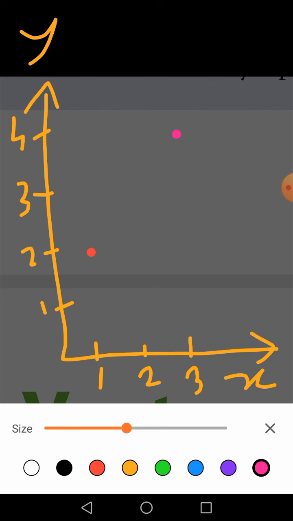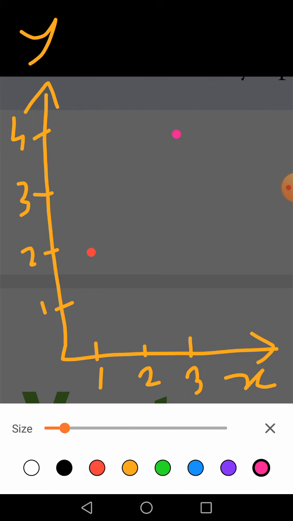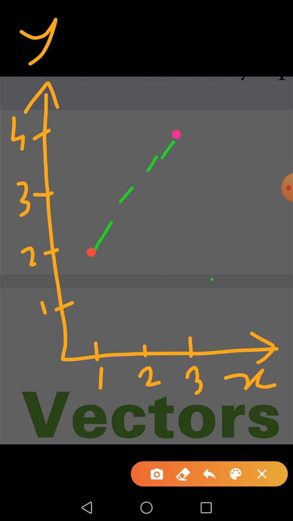Okay, now tell me, if you want to move from here to here, how many steps do you need to take? Okay, so here you look, you have two ways of movement.